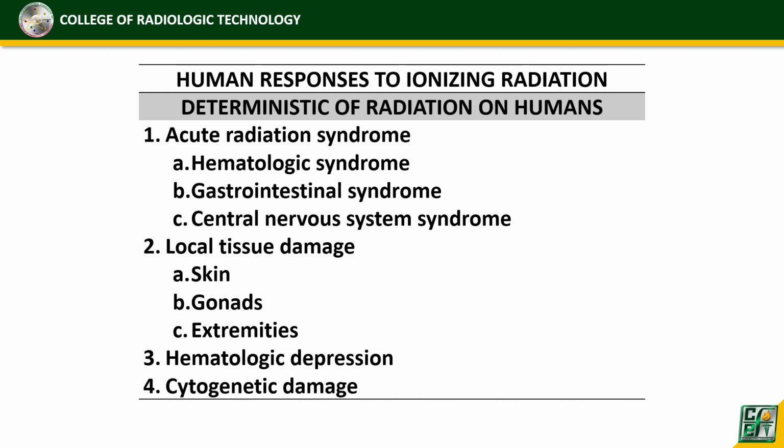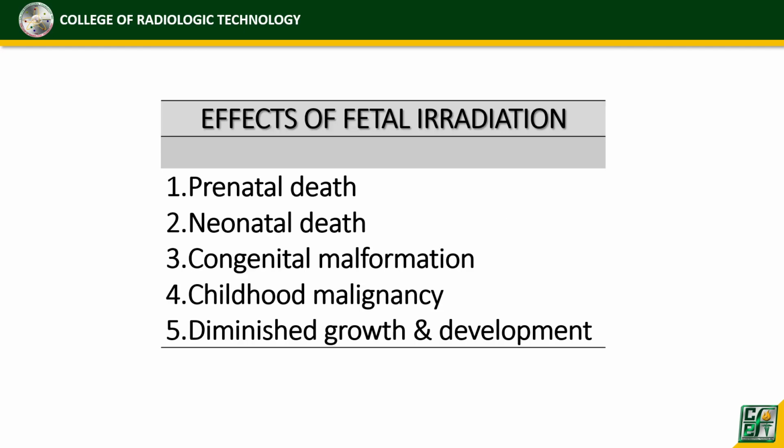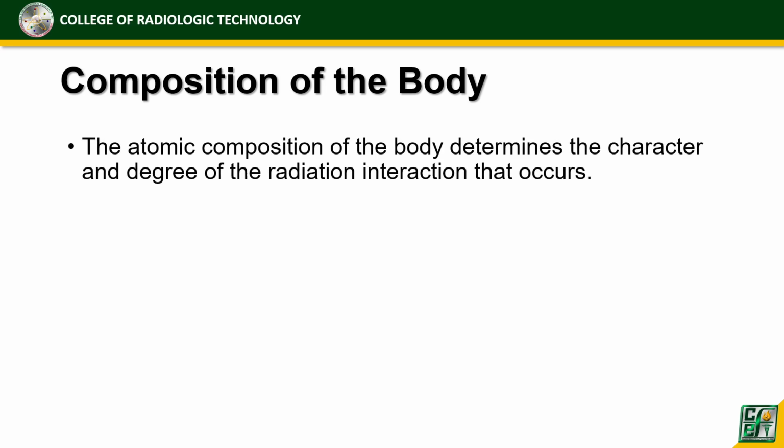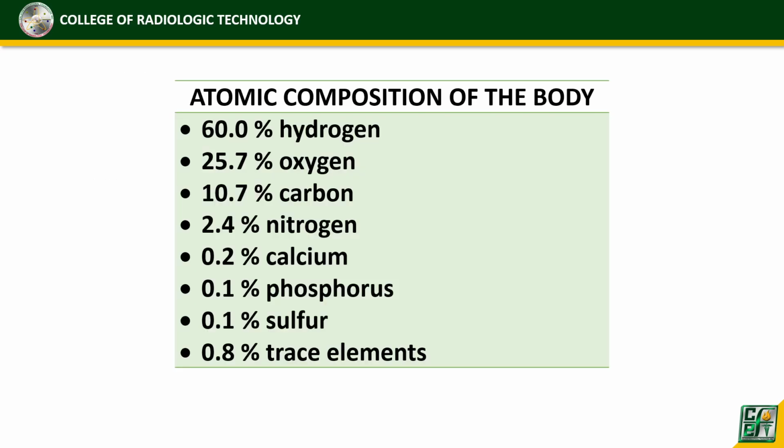Okay, and what kinds of human responses to ionizing radiation under the deterministic and the stochastic, and the effects of fetal irradiation, as well as the composition of the body, the atomic composition of the body.